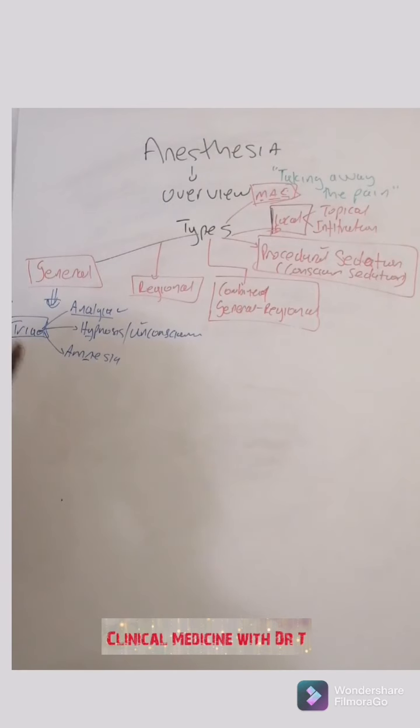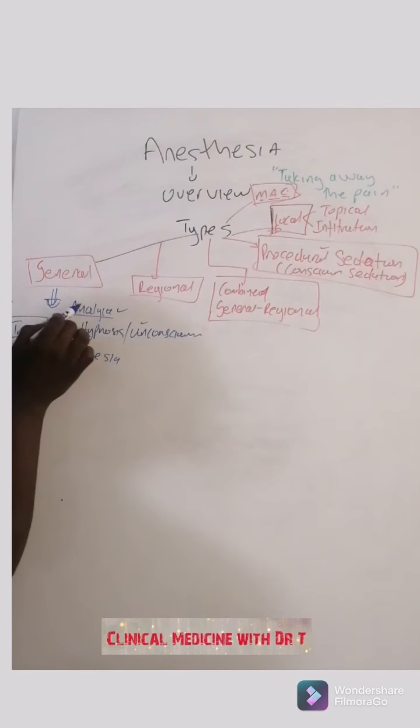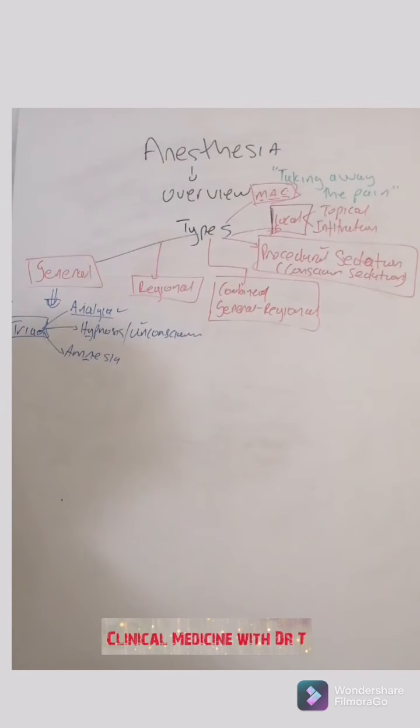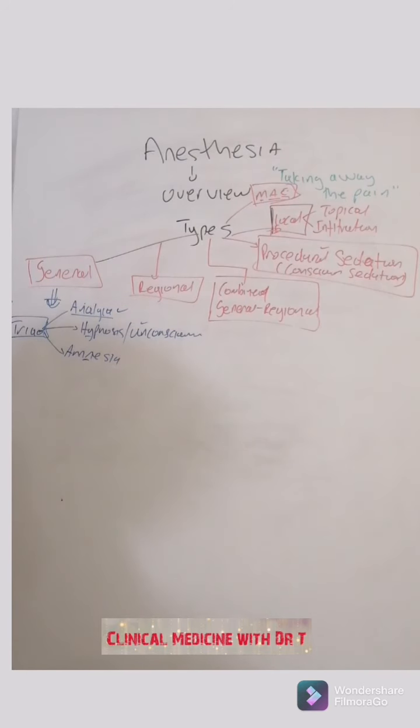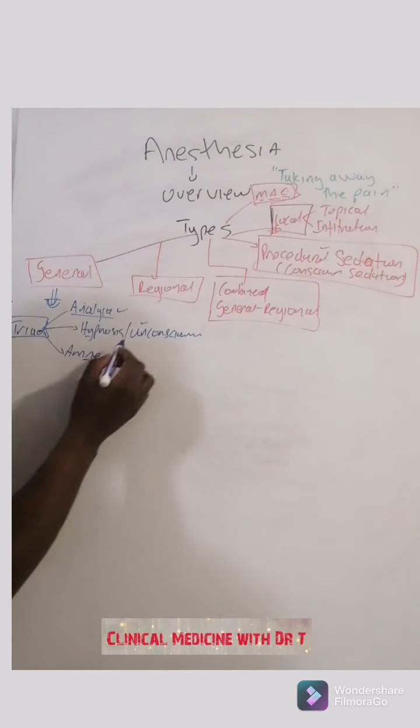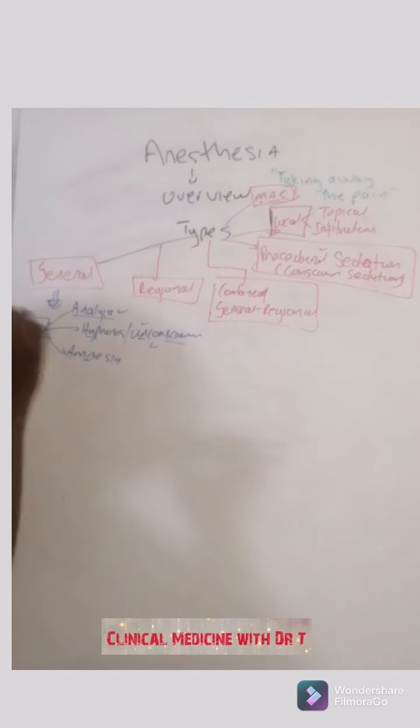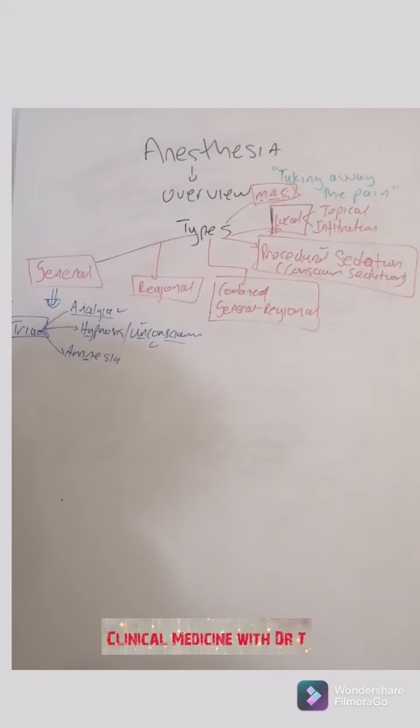So what makes general anesthesia difficult or complex is that you have got to give drugs that will take away the pain. You must give drugs that will give them amnesia. Because they are unconscious, it means the airway is compromised. So you must manage the airway. And airway management alone can be a nightmare, especially for us who are junior doctors. Airway management is a big topic on its own.